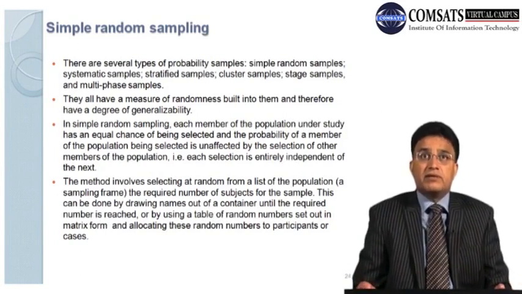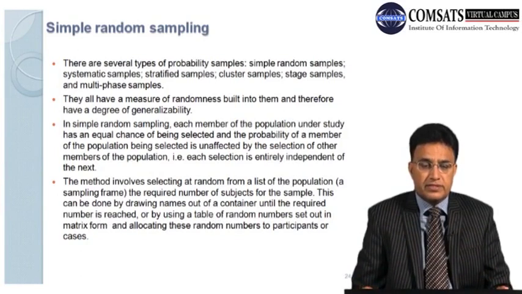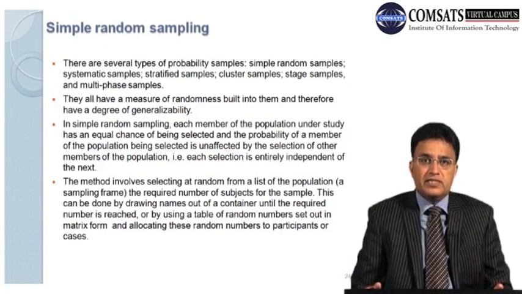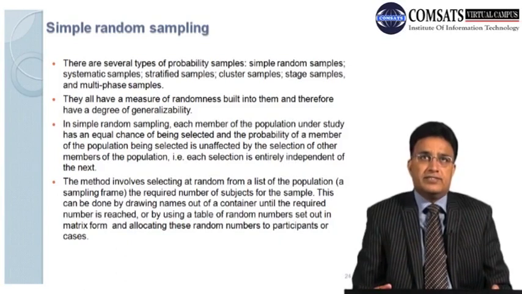For example, simple random samples, systematic samples, stratified samples, cluster samples, stage samples, and multi-phase samples. They all have a measure of randomness built into them, and therefore have a degree of generalizability.